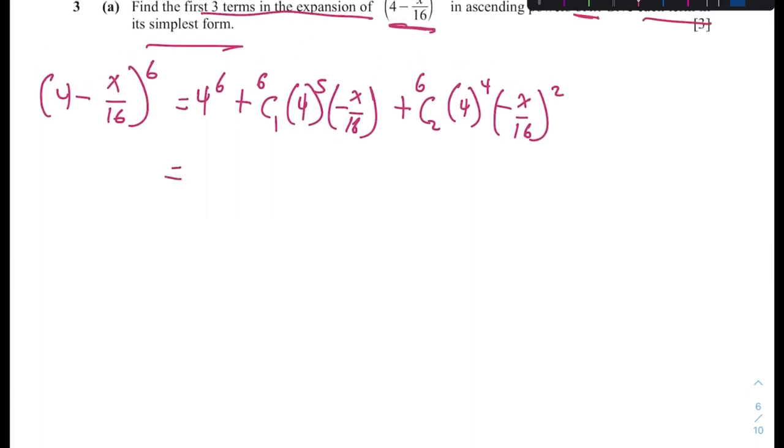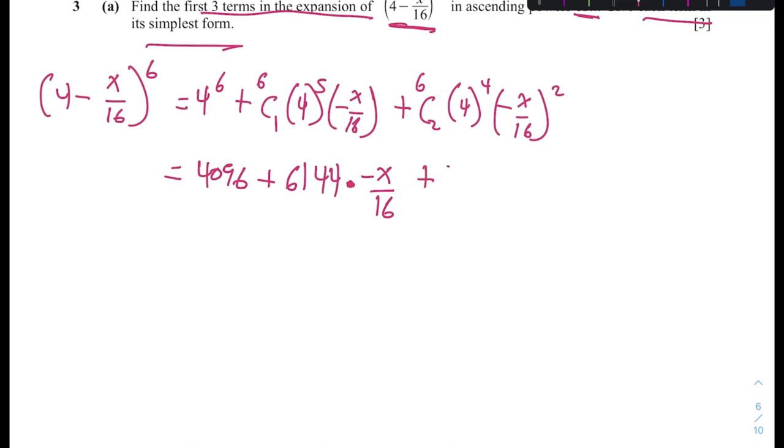4 to the power 6 is a huge number, 4096, and then that one will become 6 combination 1 times 4 to the power 5. That gives us, these values are huge, my friends, 6144, okay, times negative x over 16. Then we have 6 combination 2 times 4 to the power 4.